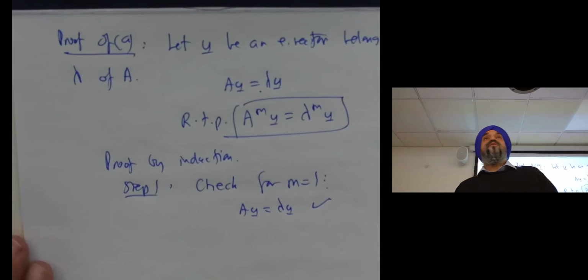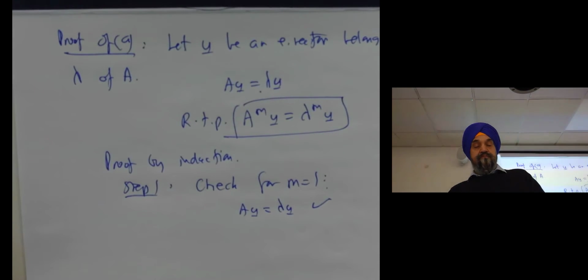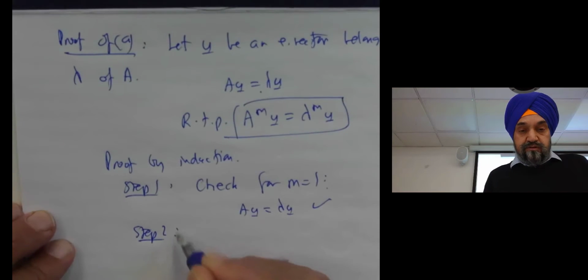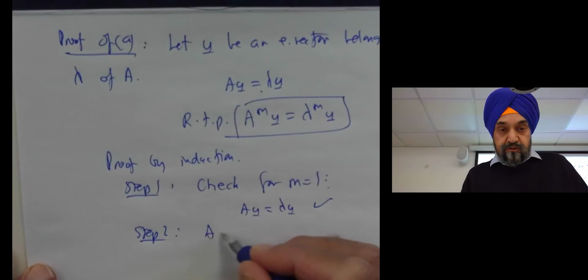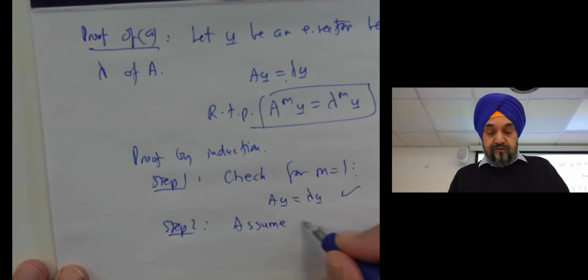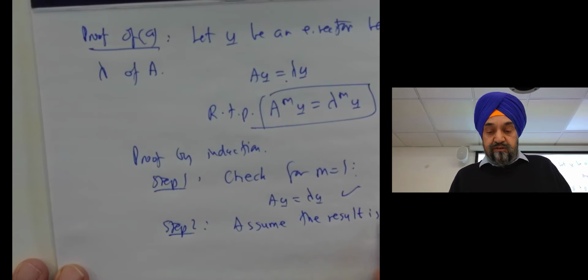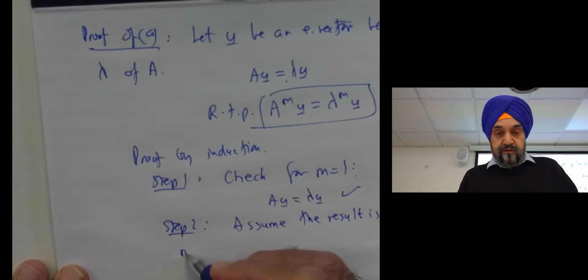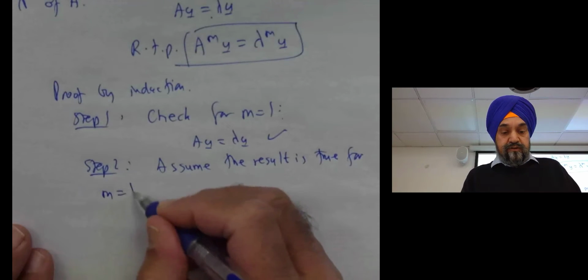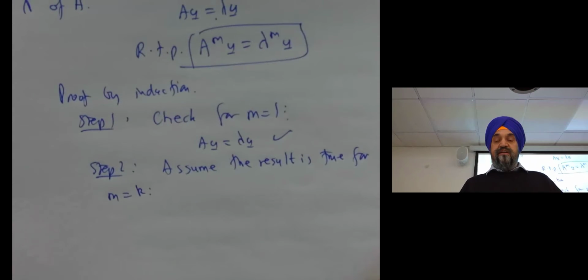What's step 2? Step 2: assume the result is true for M equal to K. How do we write that down then?